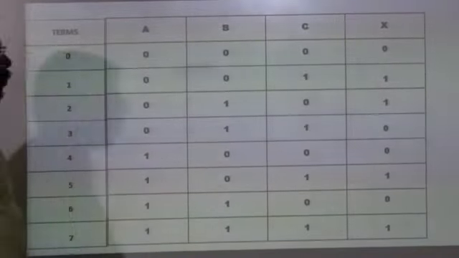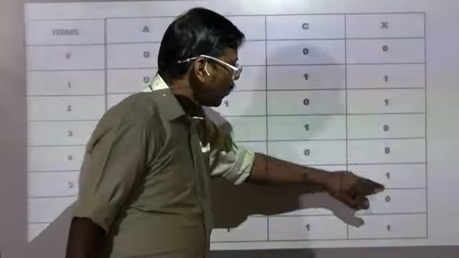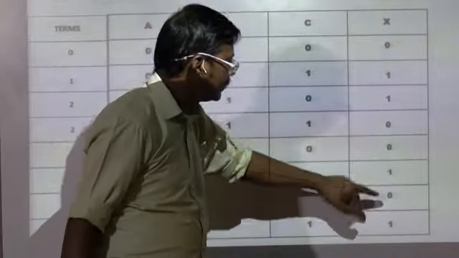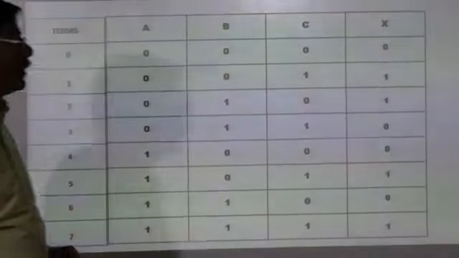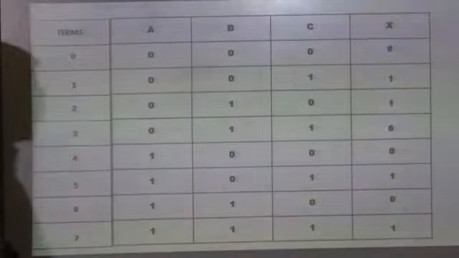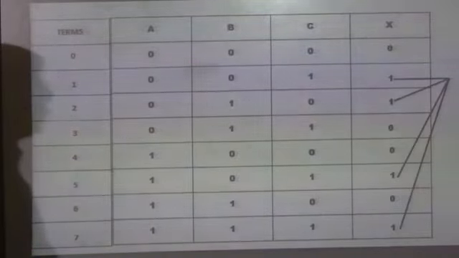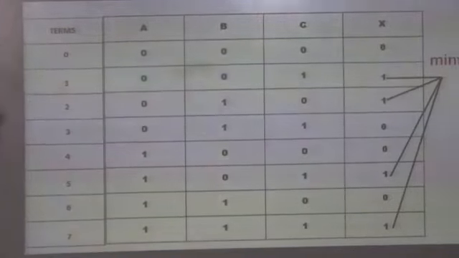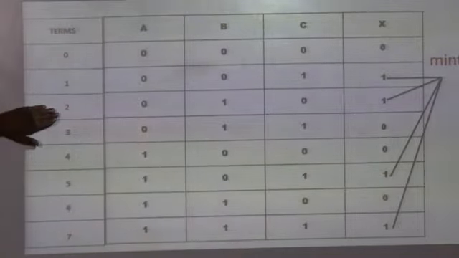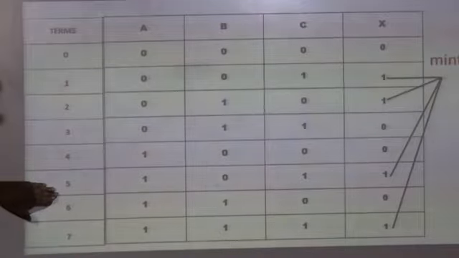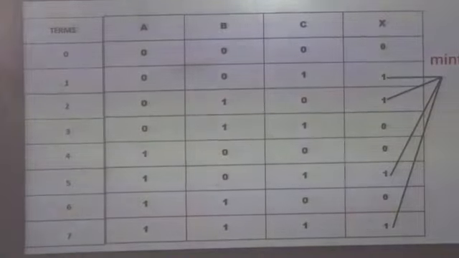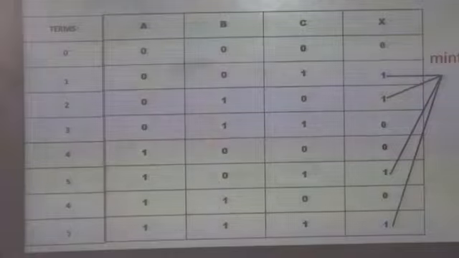Wherever we have got 1, that means SOP, that is the min term. So wherever we have got 1, these terms are called min terms. That means term 1, term 2, term 5 and term 7 are min terms, right?